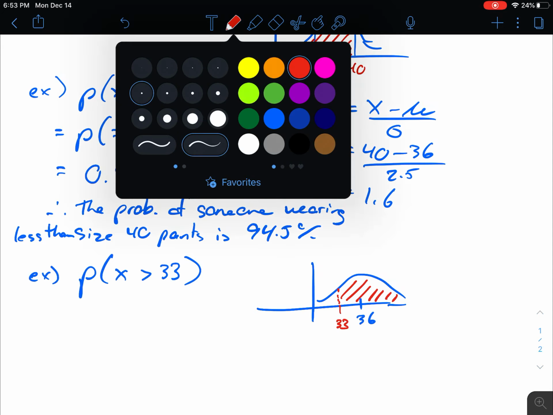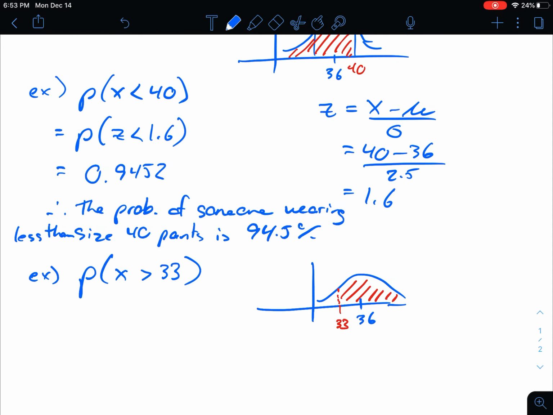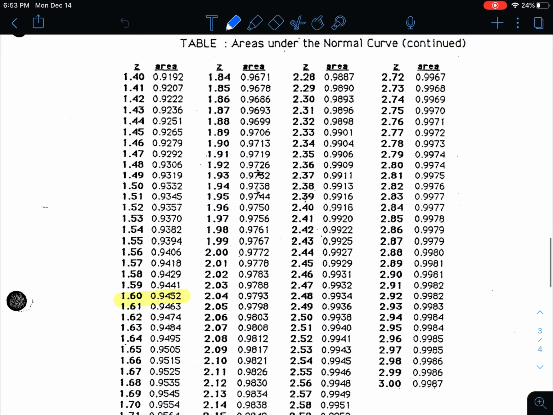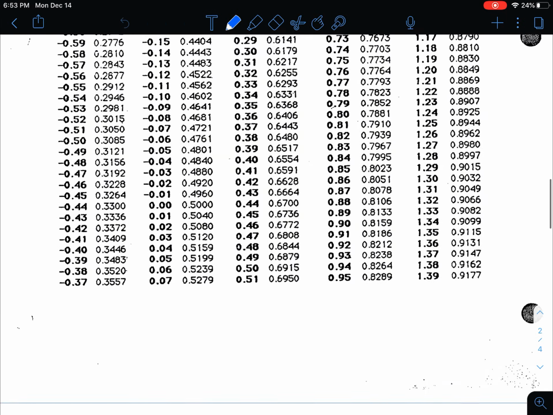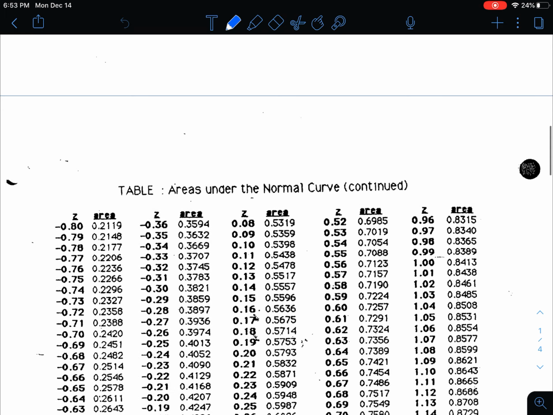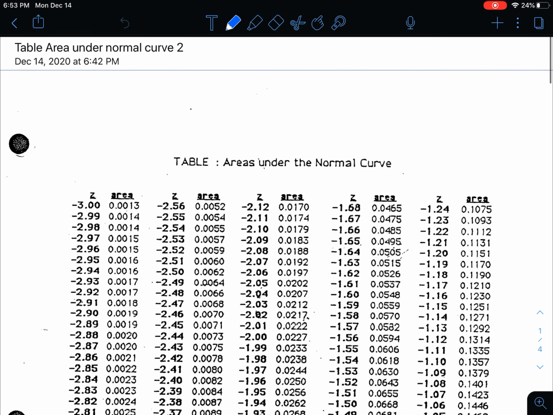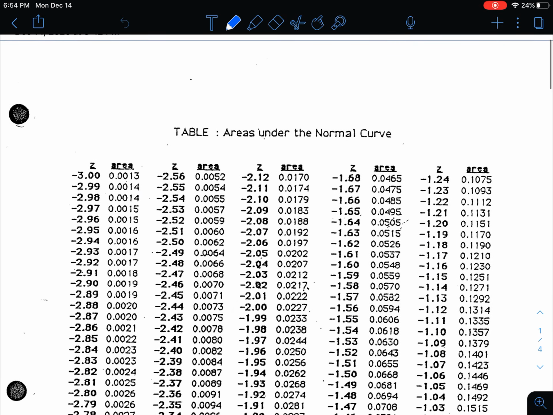This is a bit of a challenge, because when we look at these tables here, the one in my textbook, the scanned in version here, this is always the area less than these values.